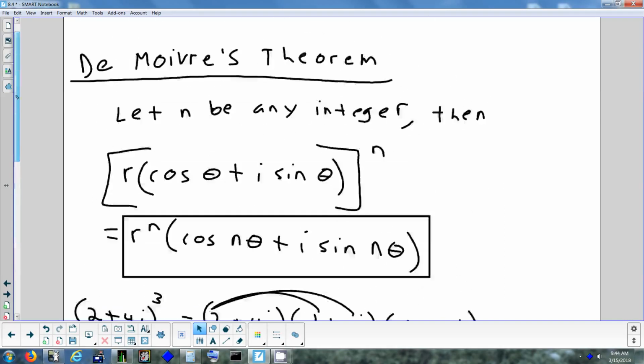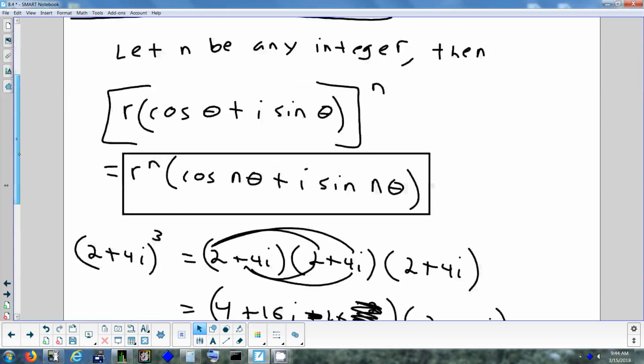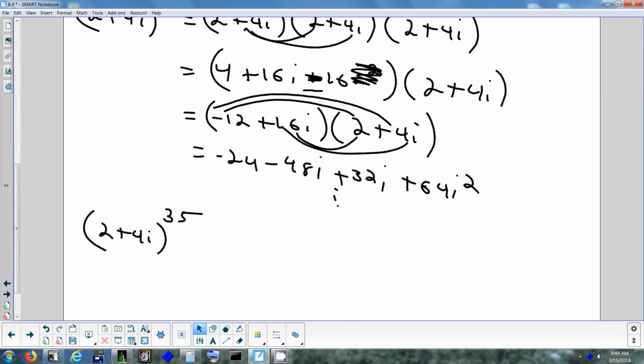Well, using DeMoivre's theorem, if you ask me to do this problem, or that problem, I can do them all in the same amount of time. It doesn't make a difference how high the exponent gets. The only thing you have to do is make it trig form first.